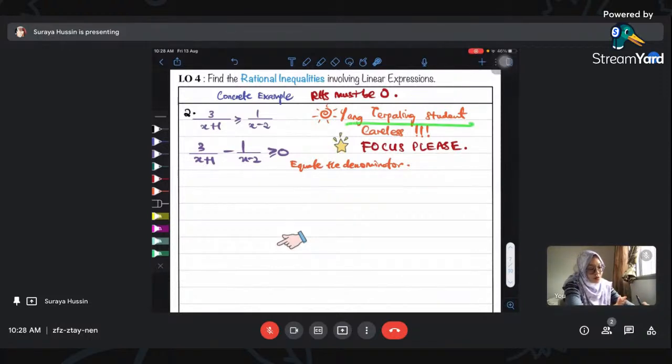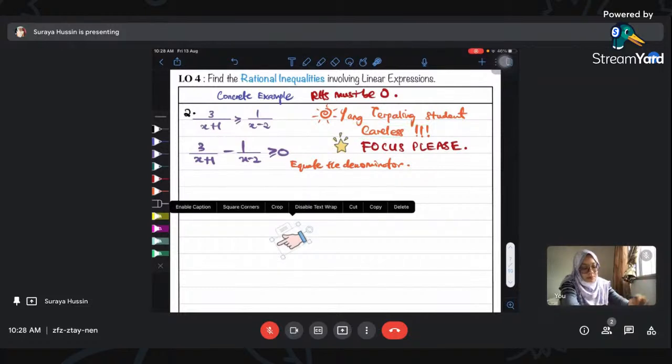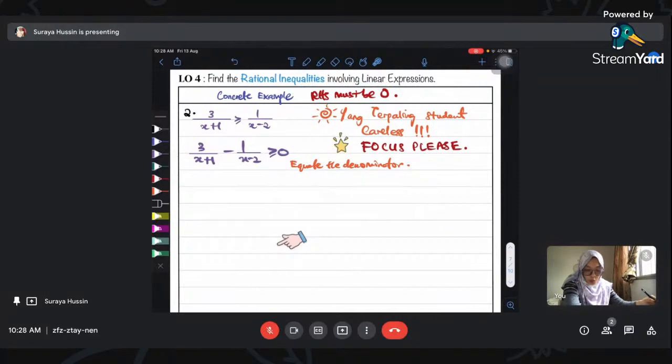So now you know lah. You tak akan cross multiply. You akan make sure right hand side must be 0. You know that already. It's very good to know dari awal lagi. Okay. So here you will get what? 3 times x minus 2 minus x plus 1.